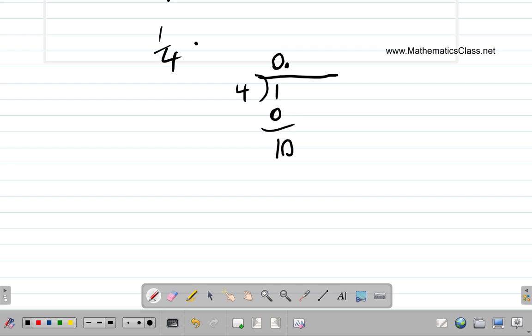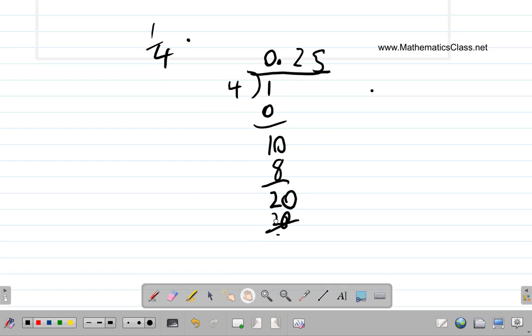Multiply by 10 and you have your 10. 4 into 10 goes 2 times, and 2 times 4 is 8. Then 10 minus 8 is 2. Multiply by 10. 4 into 20 was 5 times, then 5 times 4 gives you 20. So 0.25 is what a quarter is equivalent to.